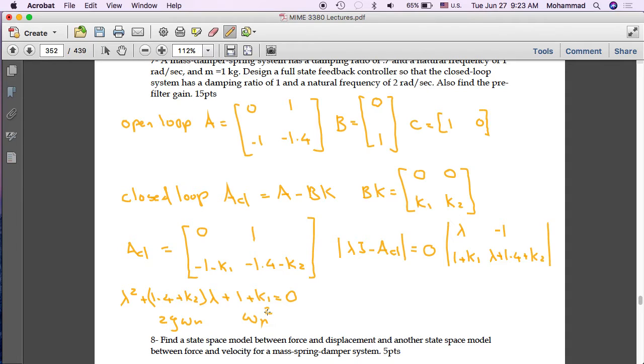Here's a potential place for making a mistake. So you find the characteristic equation from A closed loop, and you know you need to get to a certain value of zeta and omega n. And if you look at the definition of the problem, there are 2 values of zeta and 2 values of omega n. Which value of zeta and omega n are you going to use here?